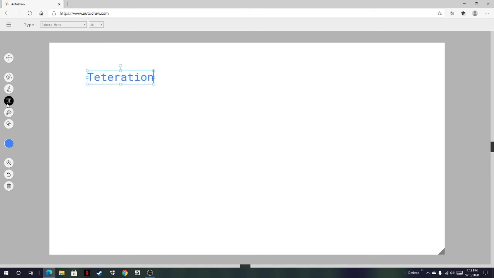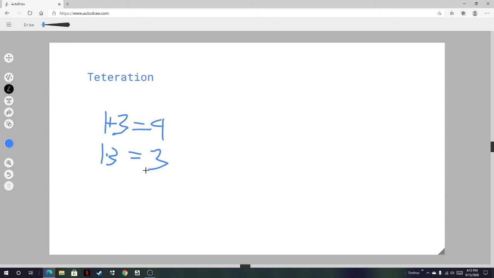What's tetration? You know how we have 1 plus 3 equals 4. Then we have multiplication, like 1 times 3 equals 3. And then we have exponentiation, 1 to the 3rd equals 1.